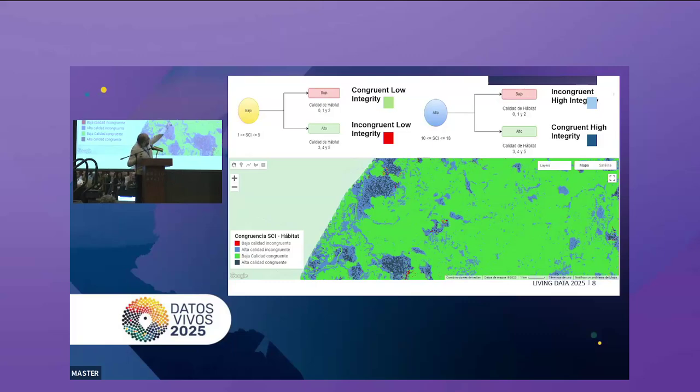The opposite, the congruent high integrity, with high structure and good forest species in the area, and the incongruent scenarios: incongruent low integrity, that is low forest structure but good forest-dependent species, and incongruent high integrity, that is high SCI but no presence of forest species.